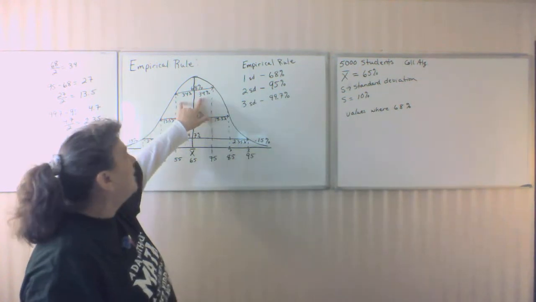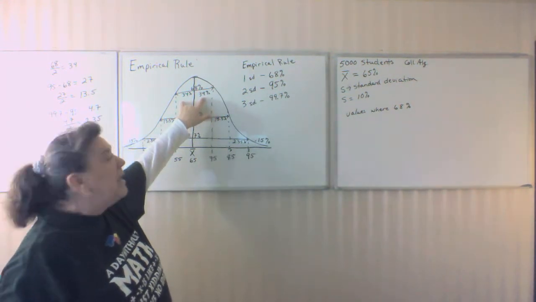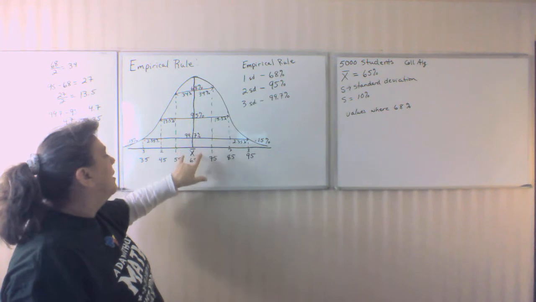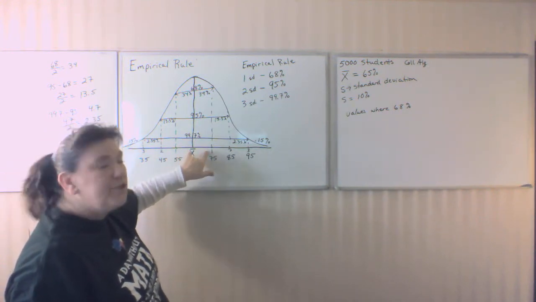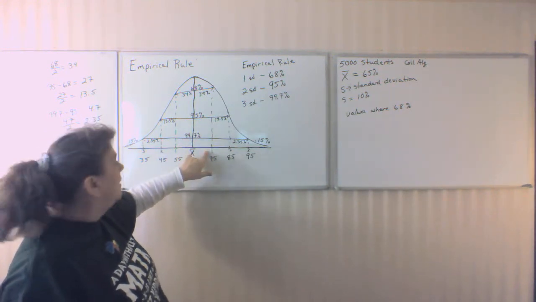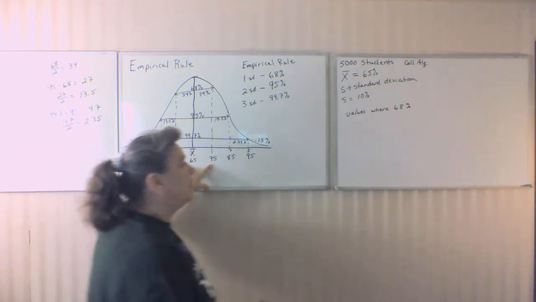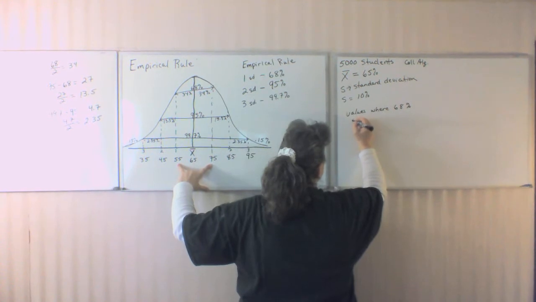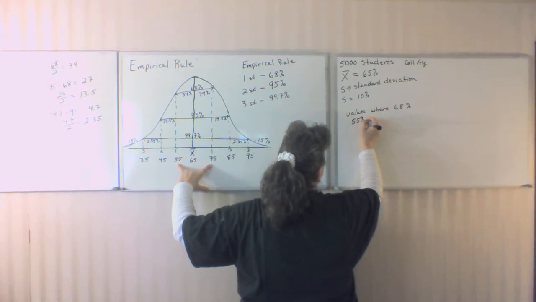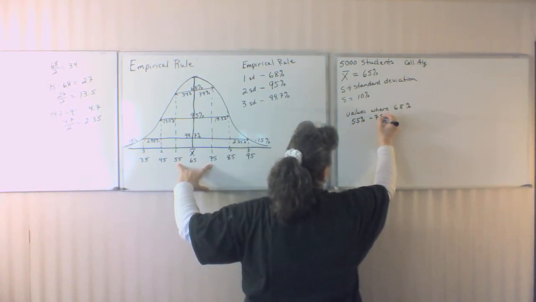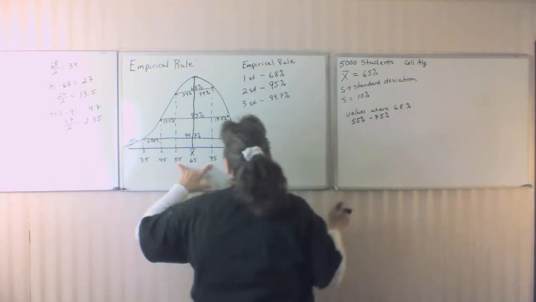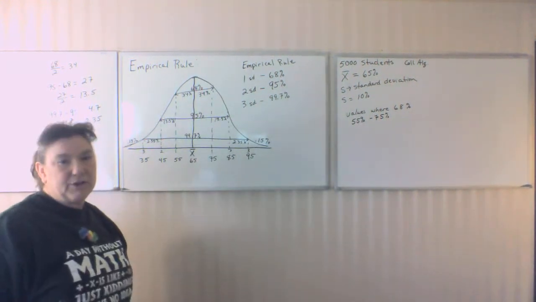So you're looking actually for the values that match the first deviation on either side of the mean. And so therefore 55 to 75. So students who got 55% to 75% were in that first standard deviation.